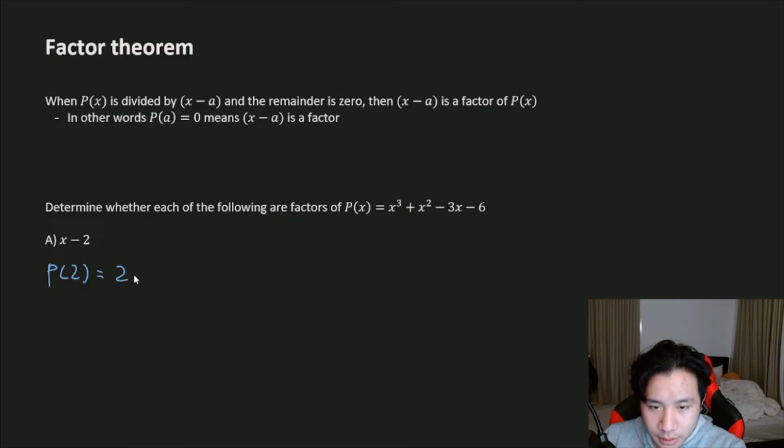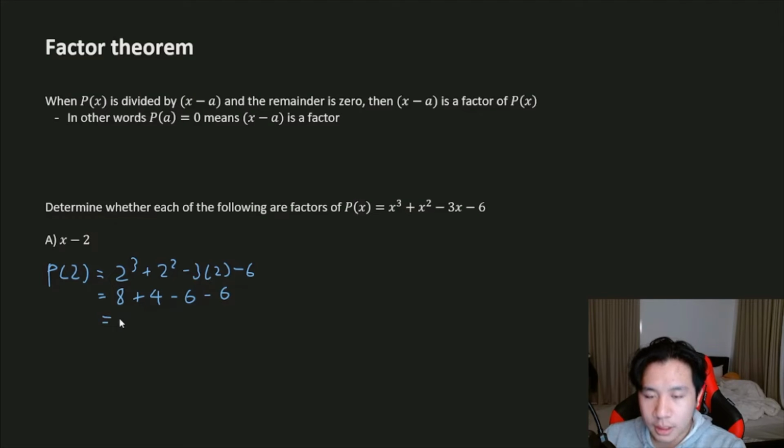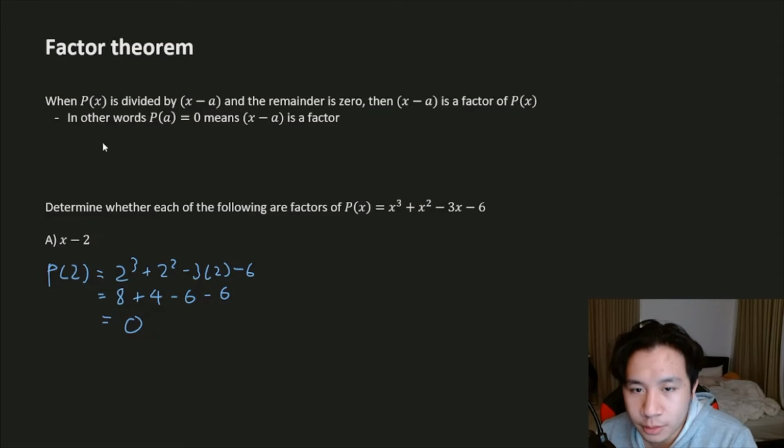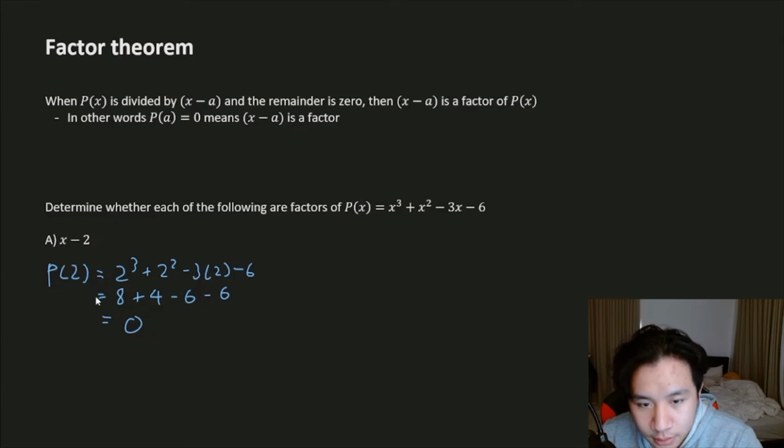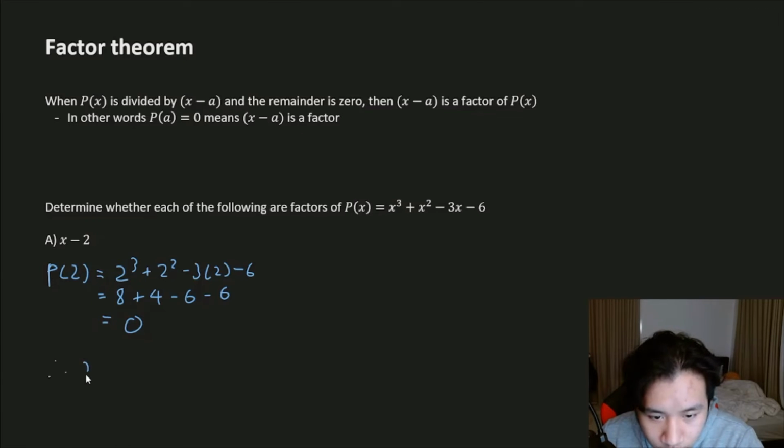So 2 cubed plus 2 squared minus 3 times 2 minus 6, which is 8 plus 4 minus 6 minus 6. If you add all of these together, you should get 0. Because the factor theorem states that if p of a is equal to 0, then x minus a is a factor, therefore x minus 2 is a factor.